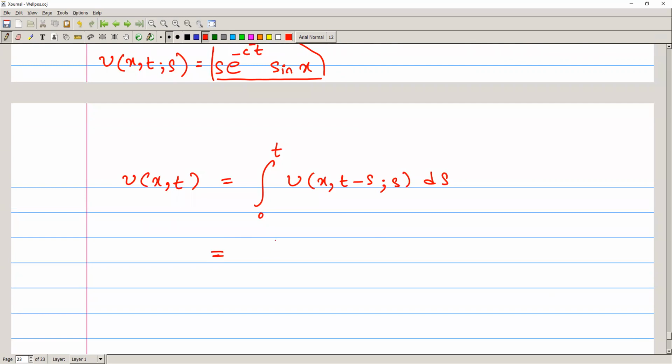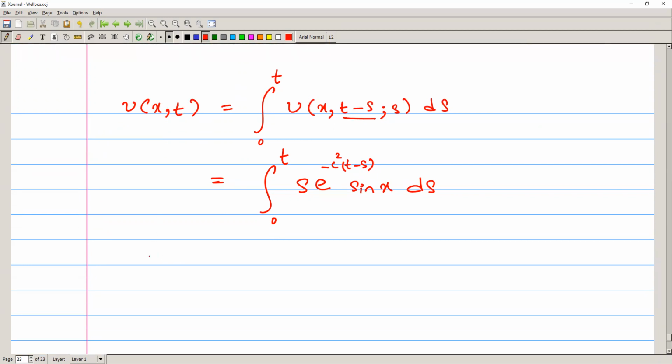So this will be 0 to t, and the function is s e to the power negative c squared t times sine x ds, and instead of t we should write t minus s, because in the formula it's t minus s.